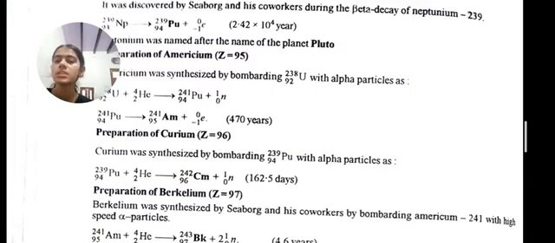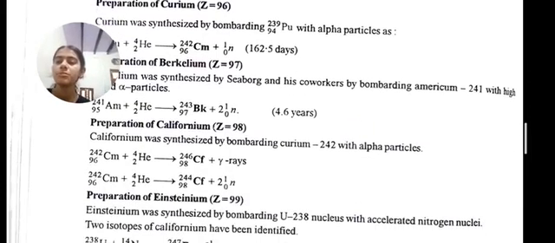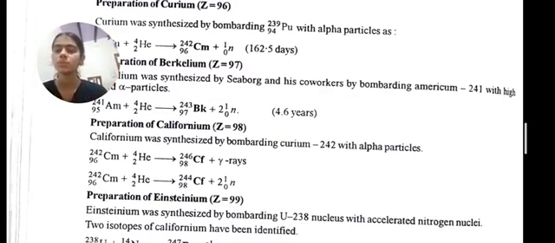Curium was synthesized by bombarding plutonium-239 with alpha particles. Preparation of berkelium. Berkelium was synthesized by Seaborg and his co-workers by bombarding americium-241 with high-speed alpha particles. Preparation of californium. Californium was synthesized by bombarding curium-242 with alpha particles.